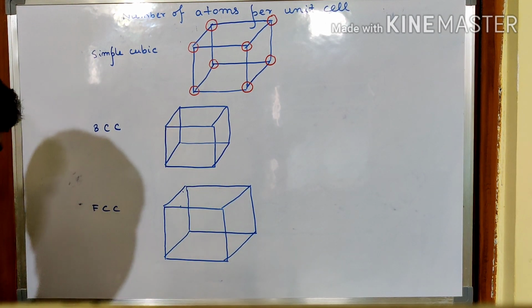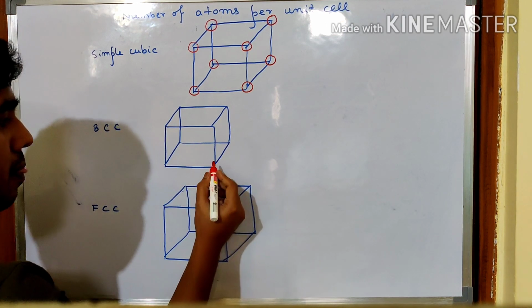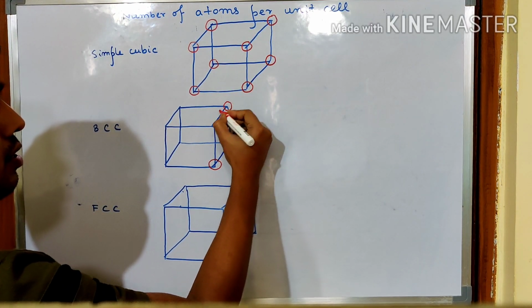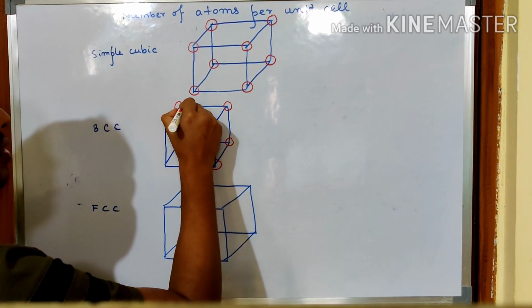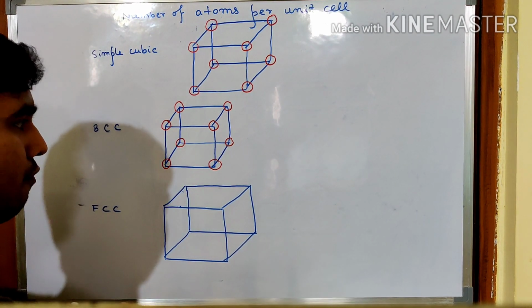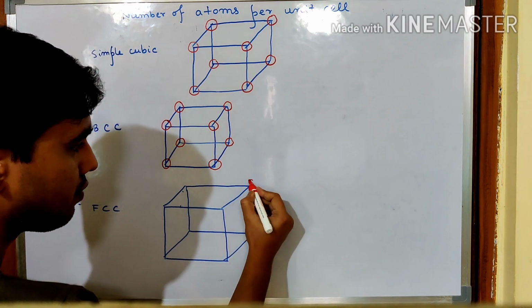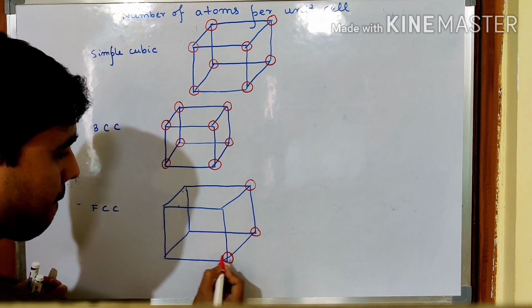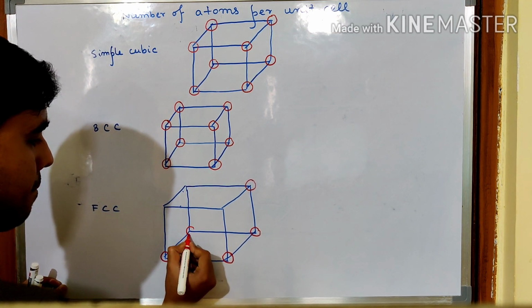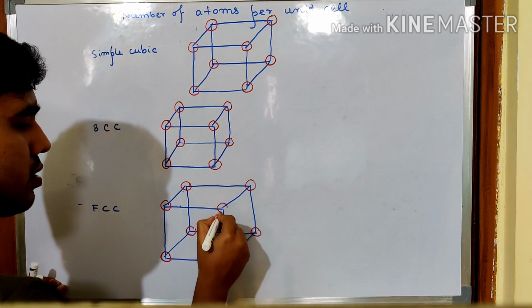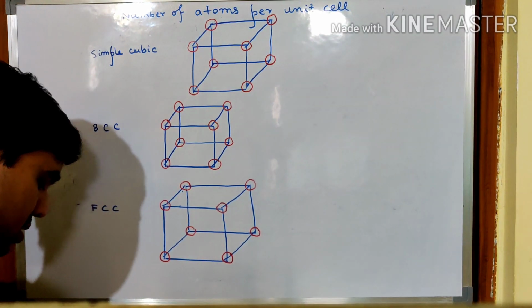So I've drawn the cubes only. Now let us fill up the atoms. So for BCC, the corner atoms will be there as usual, as for simple cubes, 8 atoms. And we know here also, let us fill it up together. So we have drawn the corner atoms, 8 atoms in all the cases.